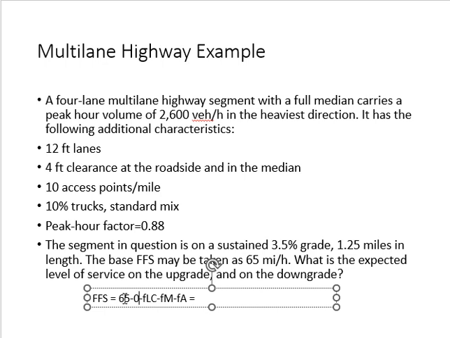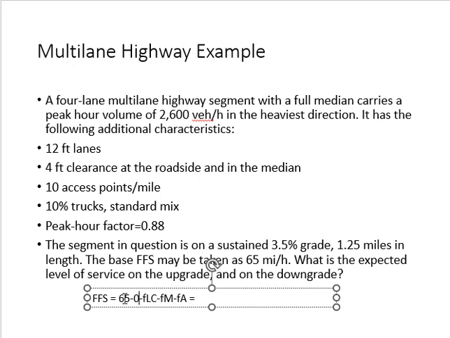Then we have the factor for lateral clearance. Now you can see in the question, lateral clearance is given for both sides. This is the difference between the multilane highway and the freeway. We need both sides lateral clearance. So both sides lateral clearance 4 and 4 means 8. And we have 4 lanes.